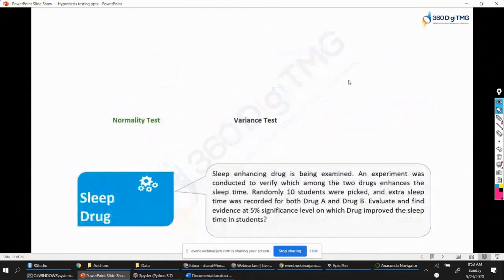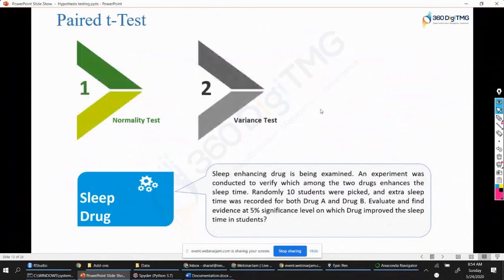Okay. So we are going to see a case of sleep drug test. Sleep enhancing drug is being examined. So an experiment was conducted to verify which of the two drugs enhances the sleep time better.